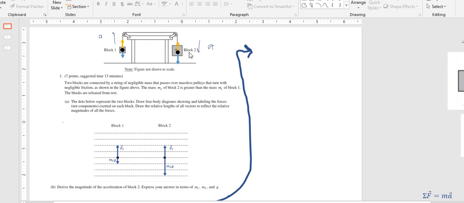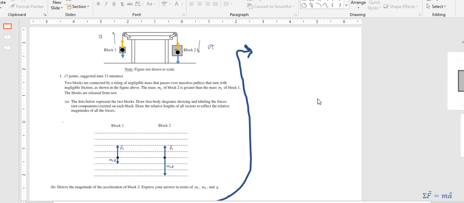That means as fast as block 2 is accelerating towards the ground, block 1 will be accelerating upwards towards the pulley, with the same magnitude of acceleration. So if this is 8 meters per second squared falling towards the ground, this is 8 meters per second squared going up towards the pulley. Just the direction's different.